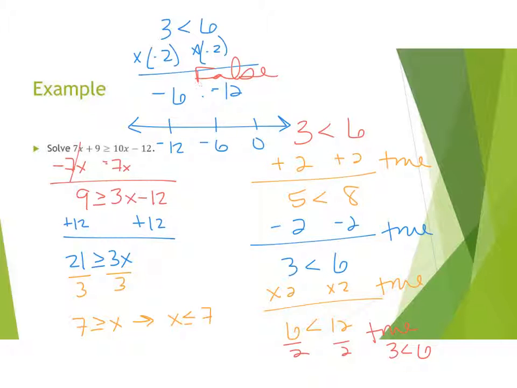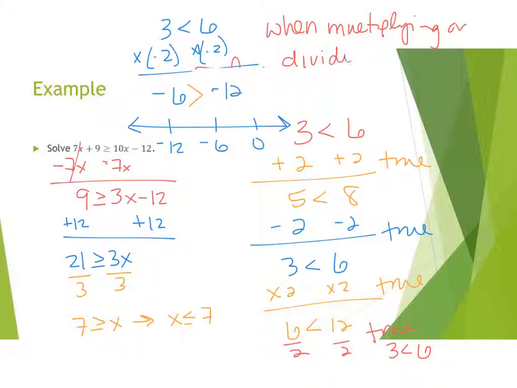So how do we fix that? Well, we're going to fix that by switching our inequality. So we need to write down: when multiplying or dividing by a negative number, reverse the inequality.